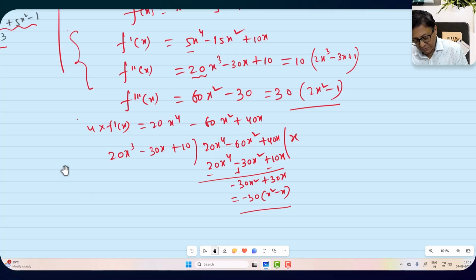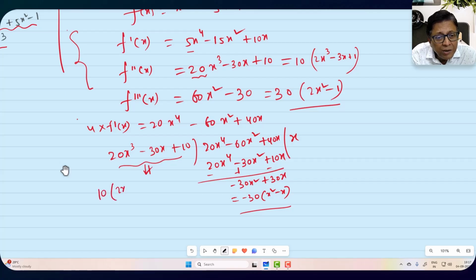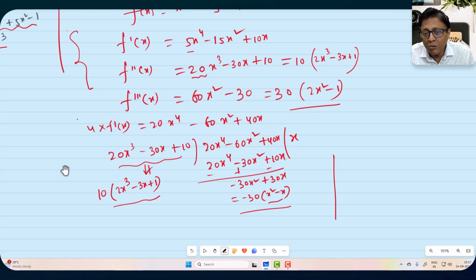Okay, HCF not completed. Let me write 10 into 2x cube. So we'll just check with this and this. You know how to find HCF.